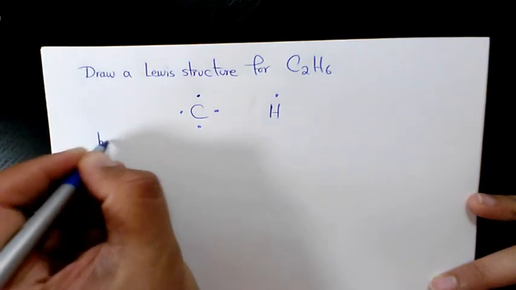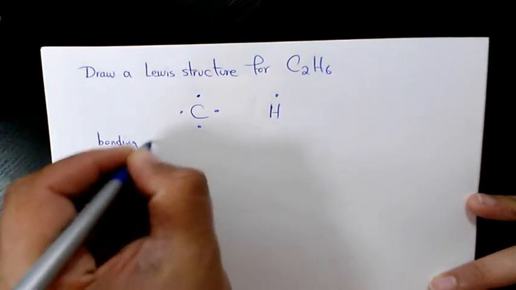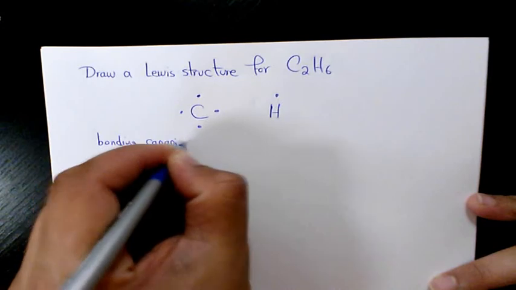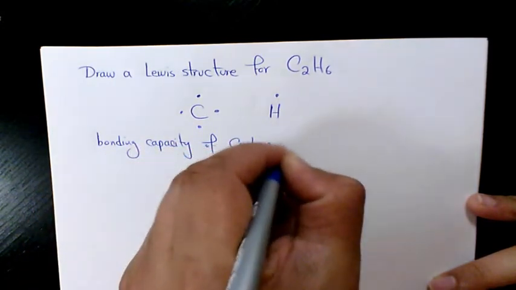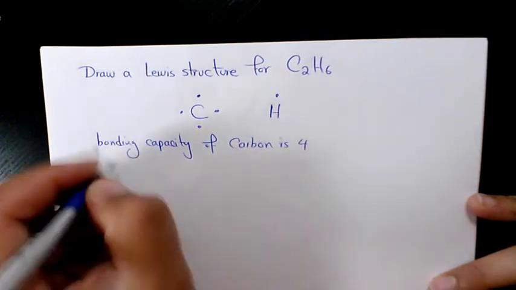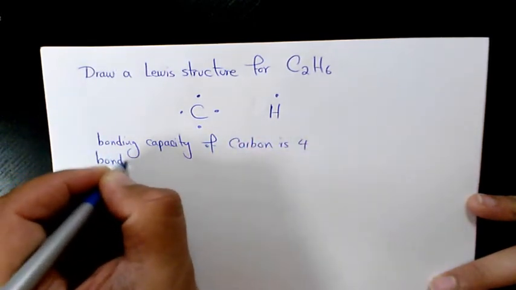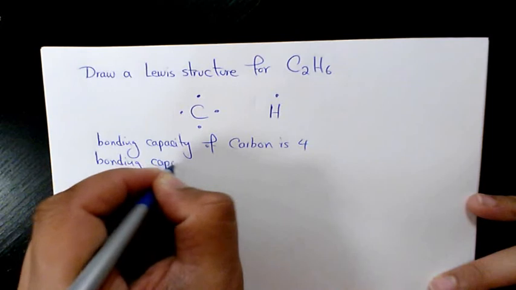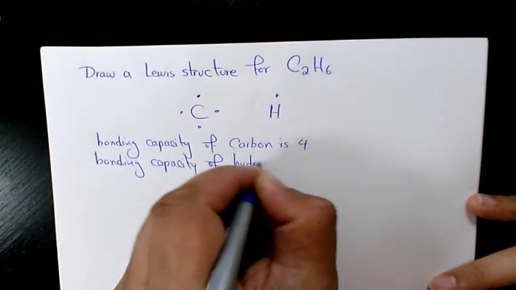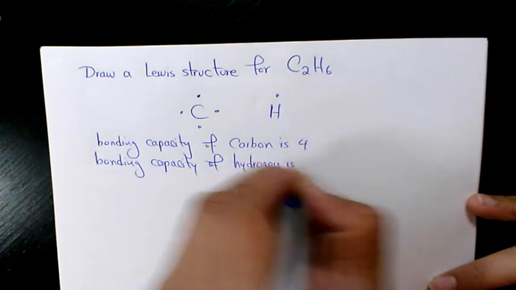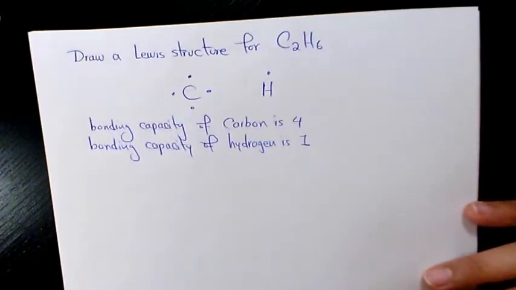So the bonding capacity of carbon is 4. Bonding capacity of hydrogen is 1.